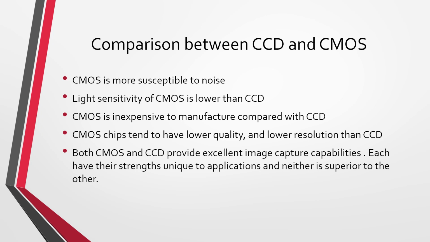Each has strengths unique to applications, and neither is really superior to the other. Manufacturers of image receptors will use one or the other depending on how they're making the detector and how they think it's going to be used.